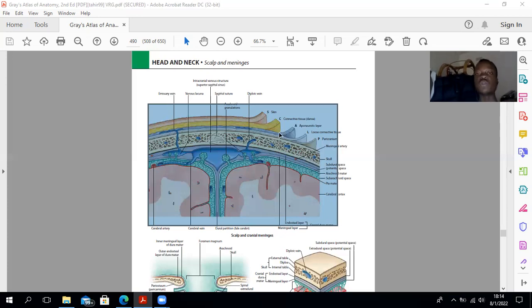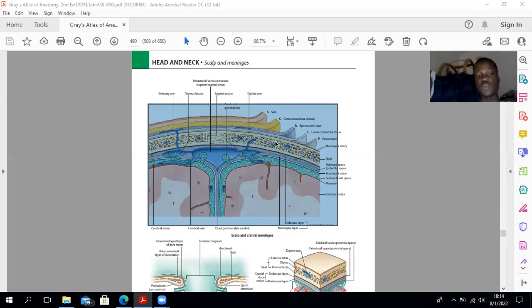So the blood that collects within this loose connective tissue can freely track anteriorly, resulting in the black eye, what you commonly refer to as raccoon's eyes, right? So that actually occurs in this loose areolar tissue, right? And where we said that is the dangerous area.